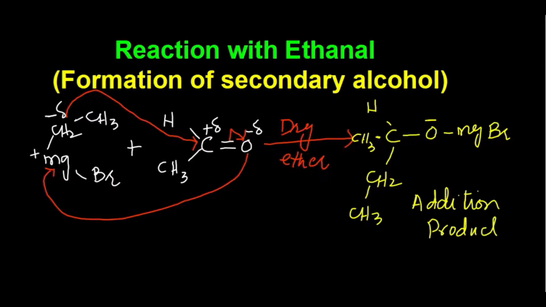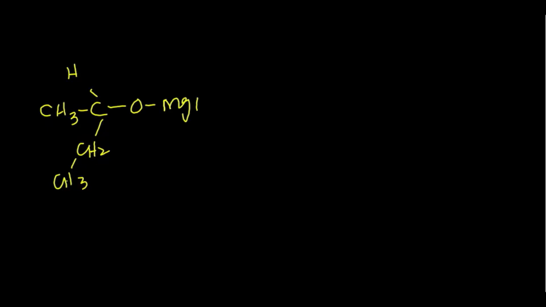Now students, we will see how we can get secondary alcohol from this addition product. Again we will make the addition product to understand how secondary alcohol is formed. So here we write the addition product, CH3, H, CH2, CH3, and here we have oxygen, magnesium, bromide.